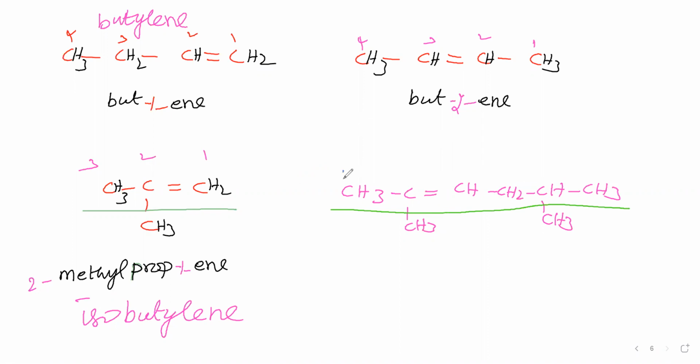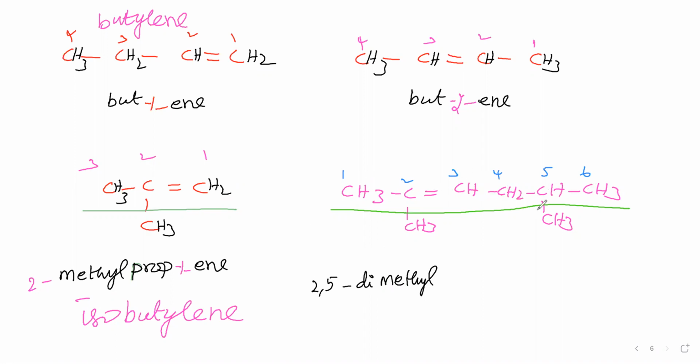Numbering we will give 1, 2, 3, 4, 5, 6. Now, what is the branch? The branch is methyl here. How many methyl groups? 2 methyl groups, therefore di. The positions of the methyl groups are here 2, here 5. If we give numbering from the right side, starting 1, 2, 3, 4, 5, 6, then also we get 2, 5 only.